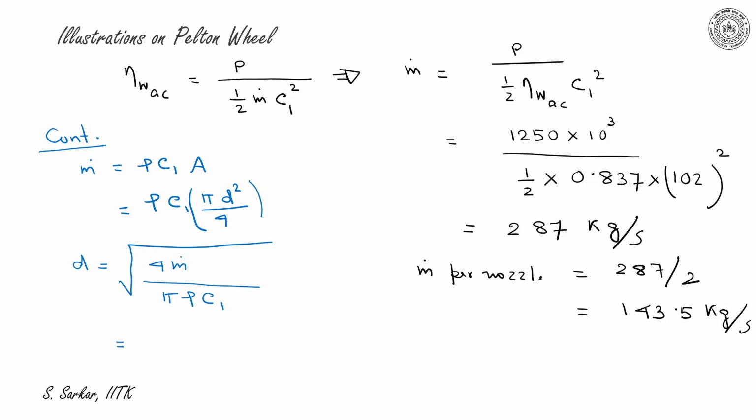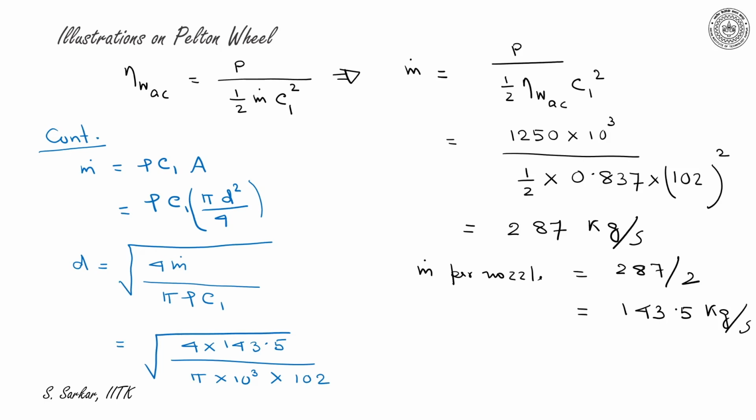Put the values of all the quantities. If you do that, then root over 4 m dot is 143.5 kg per second divided by pi into rho 10 to the power 3 into C1 is 102 meter per second.